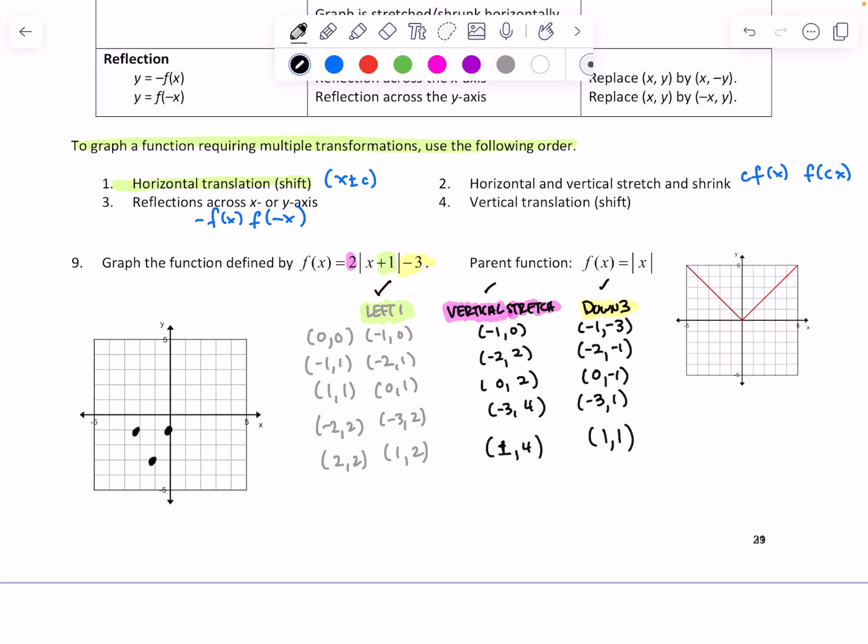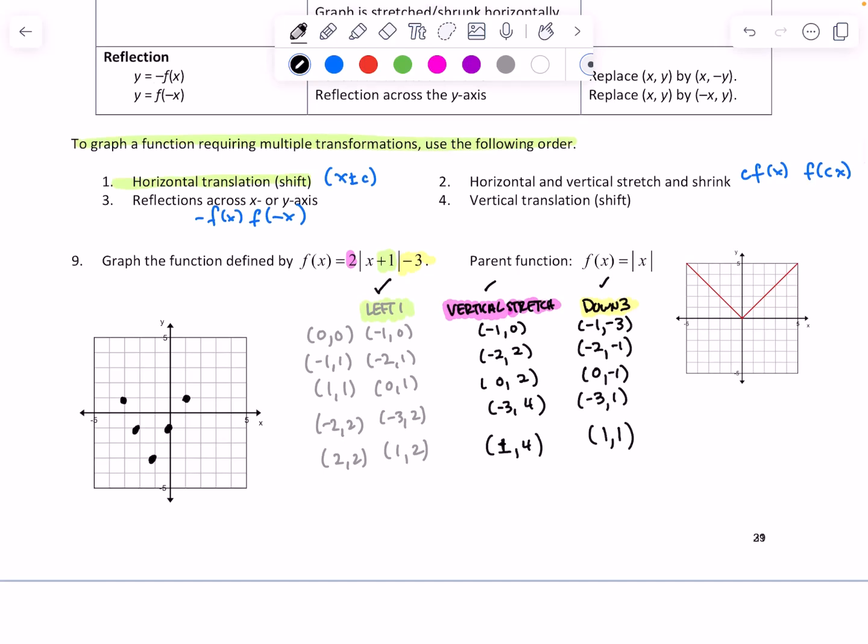Negative 3, positive 1. And 1, 1 right here. All right, and if you look at this graph and compare it to the one over there on the right, you will in fact see that it is shifted left, shifted down, and it's a little bit skinnier, which is the same as being taller, which is what that vertical stretch did to it.